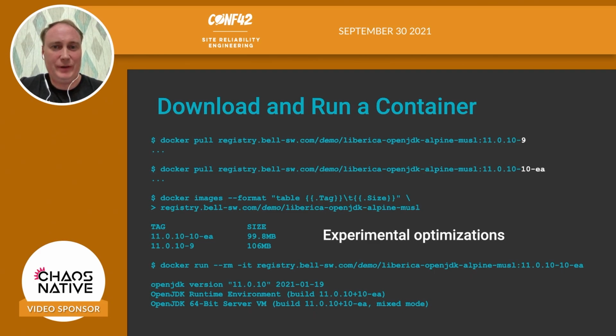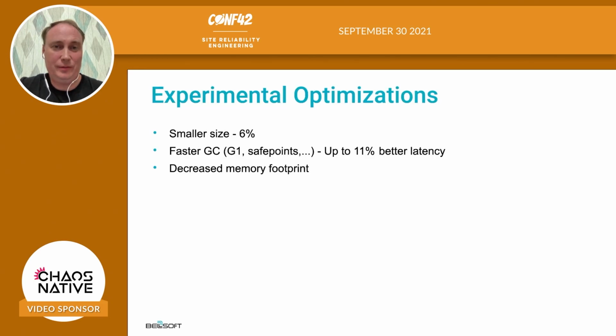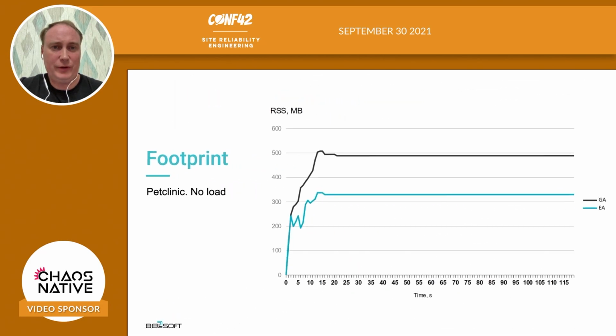You see some experimental things that they put there are related to container sizes, and they also provide experimental optimizations for latency, for footprint, for throughput in such builds. Like interesting backports we've done in JDK 11 not a long time ago.